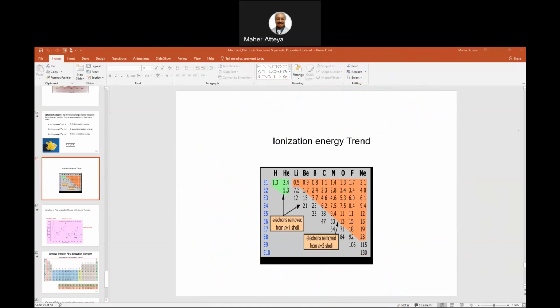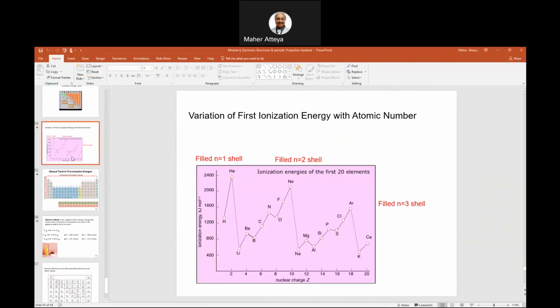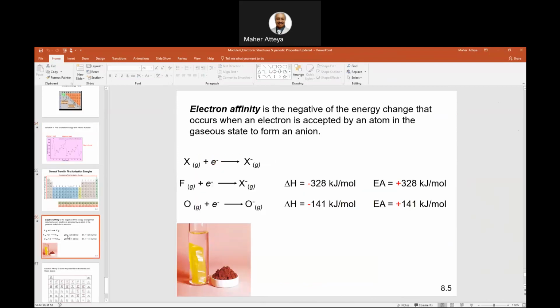Here is just how the atomic radius and the distribution of ionization energy are shown. And here is electron affinity. What is the difference between electron affinity and ionization energy? With ionization energy, you are pulling electrons out of a neutral atom in the gaseous phase. With electron affinity, you are not pulling, you are taking in electrons from an adjacent atom in the gaseous phase, the opposite.